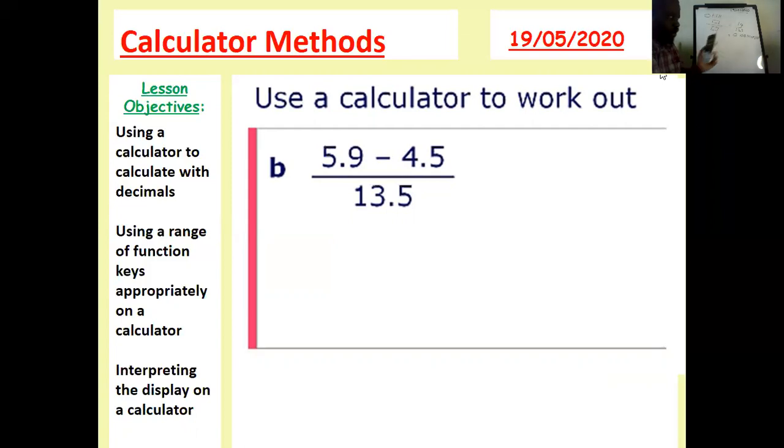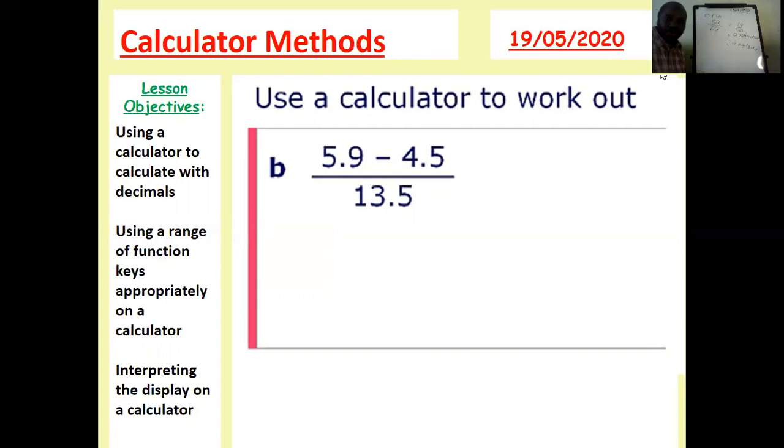And that is the full calculator display. Or sometimes in the exam, they may ask you to round your answer, say, to 3 decimal places. So the third decimal place is 3. You put a line for deciding between 3 and 7. And the rule for rounding is, if the number to your right is 5 or more, you round up. So my final answer becomes 0.104 to 3 decimal places.